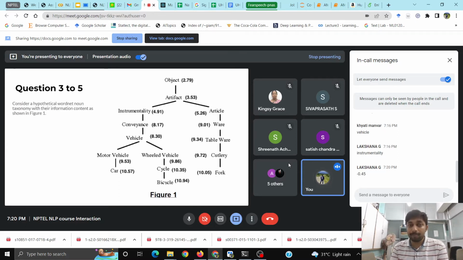Minus 0.44. Okay. Anyone else? Okay. Yeah, close enough. Others? Yeah, the minus we have removed, so the minus is not needed. Others? Other than Satish and Lakshana, others, if you have any doubt in the process, you can also ask.